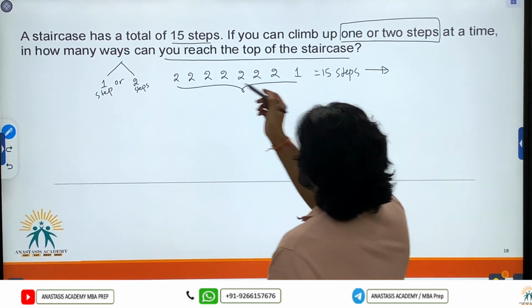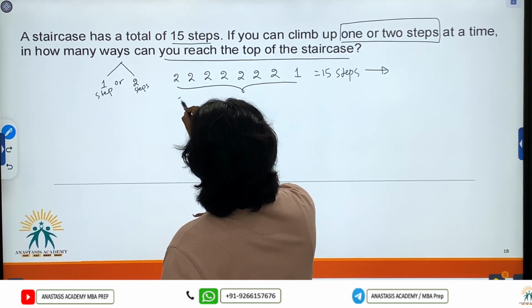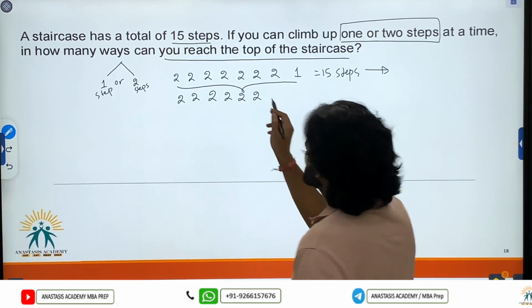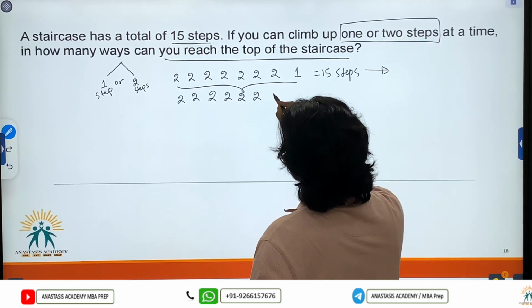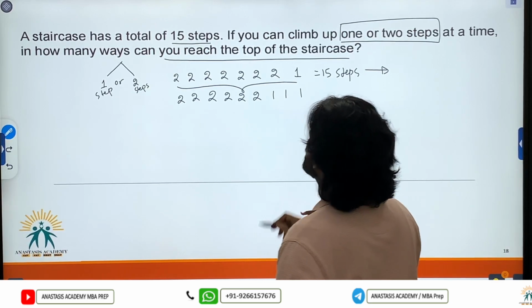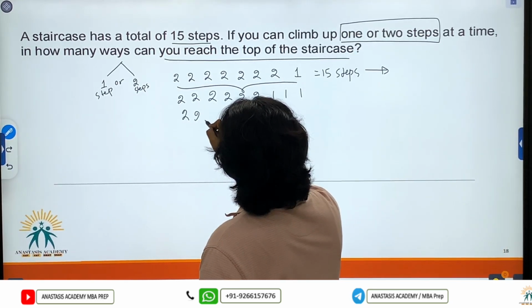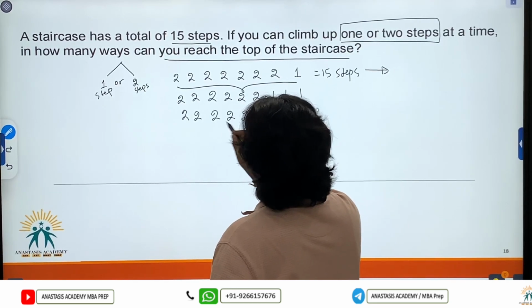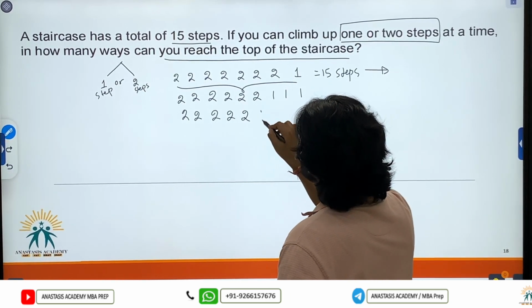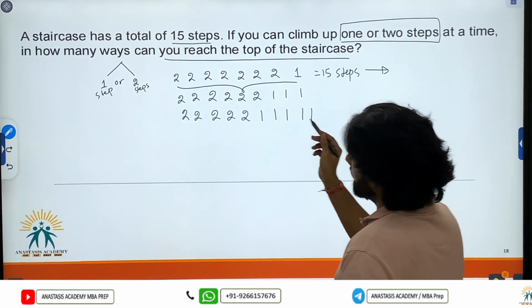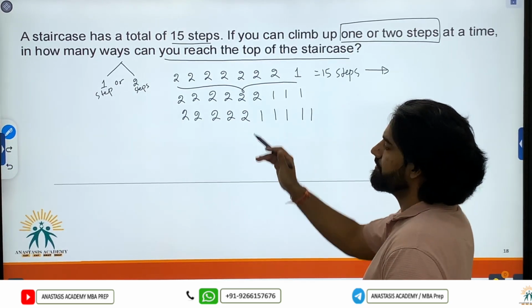For example, I can use 6 twos, which makes 12 steps complete, and then 3 single steps to reach 15. Then I can use 2 five times, so 10 are complete, and 5 ones to reach 15. I can use 5 ones and 5 twos.